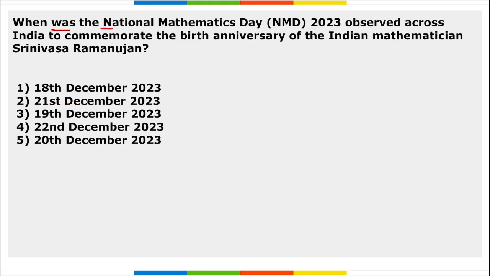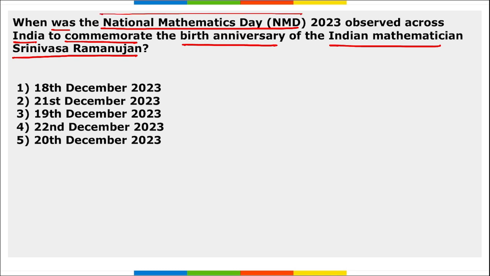Next, when was the National Mathematics Day observed across India to commemorate the birth anniversary of Indian mathematician Srinivasa Ramanujan sir? So, when do we observe the birth anniversary of Ramanujan sir? This day is also known as National Mathematics Day. So this day is observed on 22nd of December.